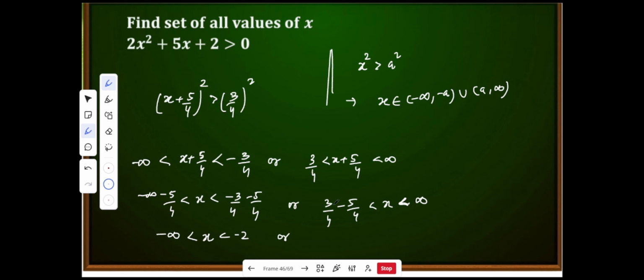And 3 minus 5 is minus 2 by 4, which is minus 1 by 2, less than x, and x less than infinity. Combining these two, x belongs to minus infinity to minus 2, union minus 1 by 2 to infinity.